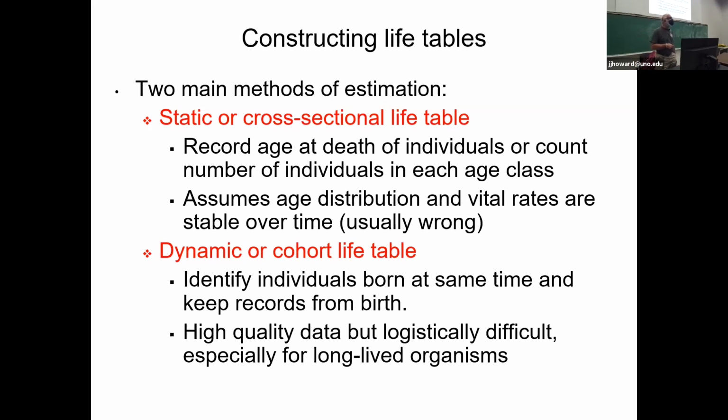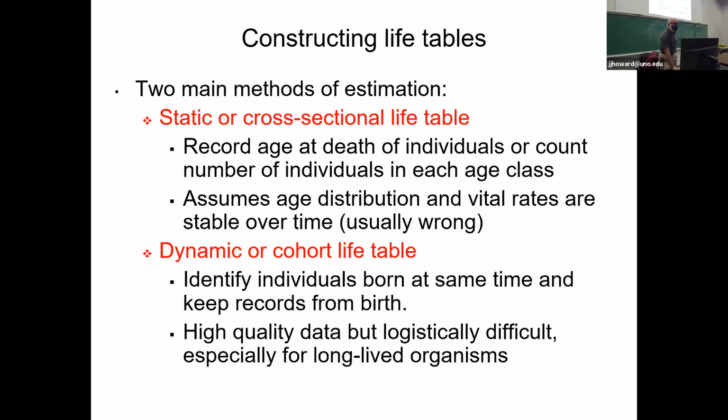So you're not going to get a dynamic life table for rhinos with a single NSF grant. You need a lifetime of funding. And that means that a lot of times in ecology, we wind up relying on these static tables, which are easier to get, but have some assumptions and some potential problems, as we will see.